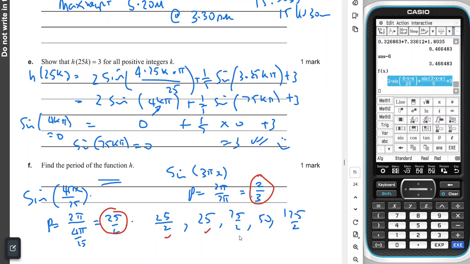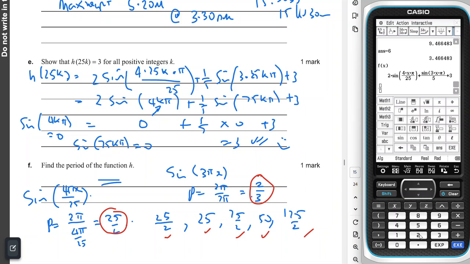So I've got all the multiples of 25 on 2. 25 divided by 2 divided by 2/3 doesn't go wholly. So let's try 50 on 2.